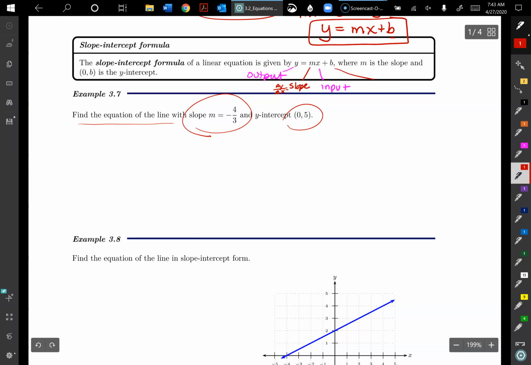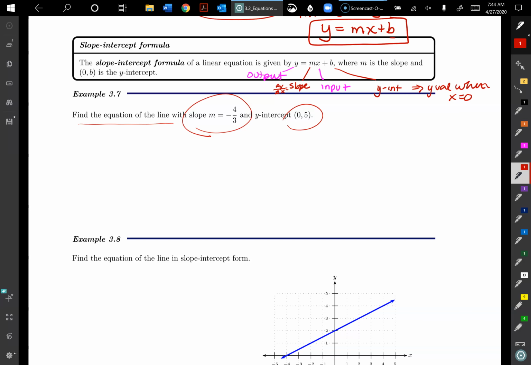And then the b is my y-intercept, the y value when x is 0. And only when x is 0.